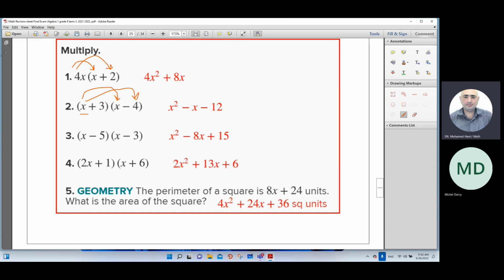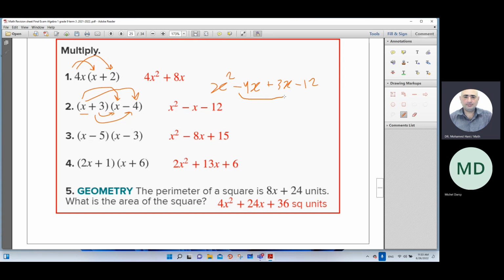So x times x will be x squared. Then x times negative 4 will be negative 4x. Then 3 times x will be 3x. And the 3 times negative 4 will be negative 12.